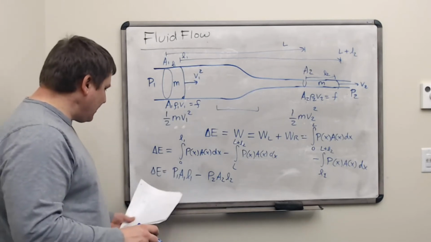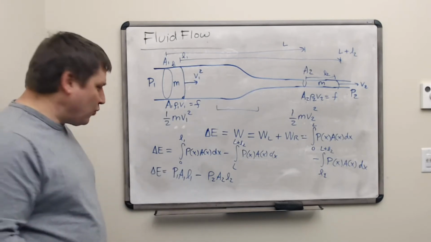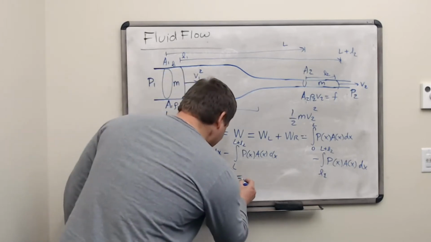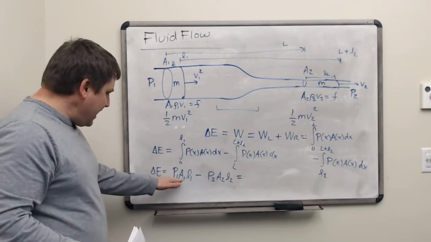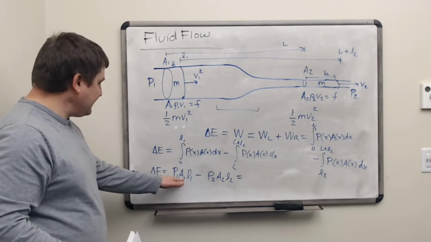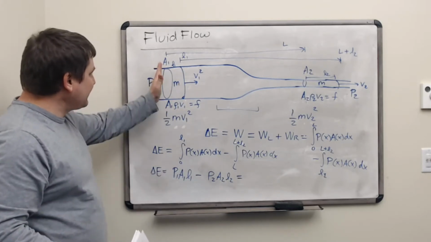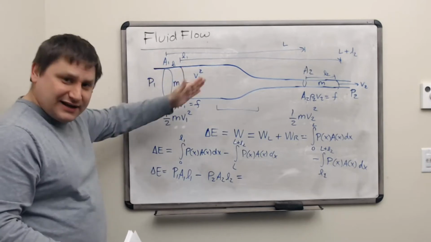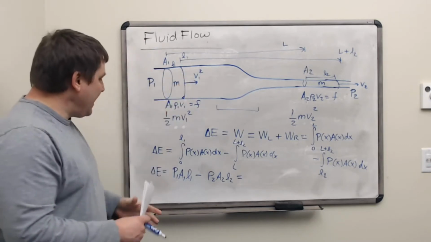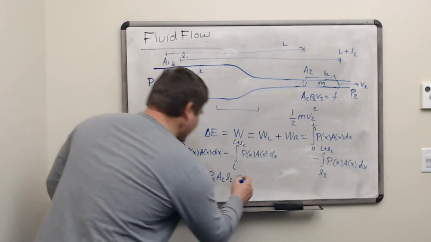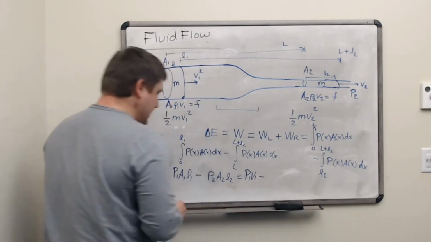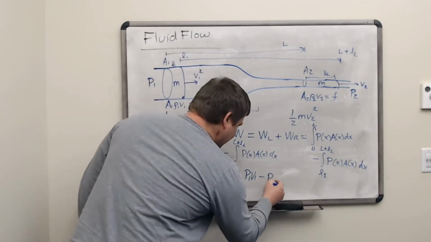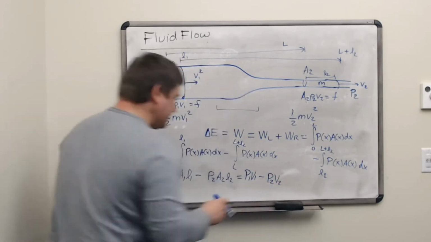Okay, so this is our formula for calculating the work. And then our last bit here to notice is that the area of this chunk of mass, the cross-sectional area, times L1 is merely the volume of that chunk of mass on side 1. So we have P1, V1 on the left, and on the right, the same argument applies. We get P2, V2.